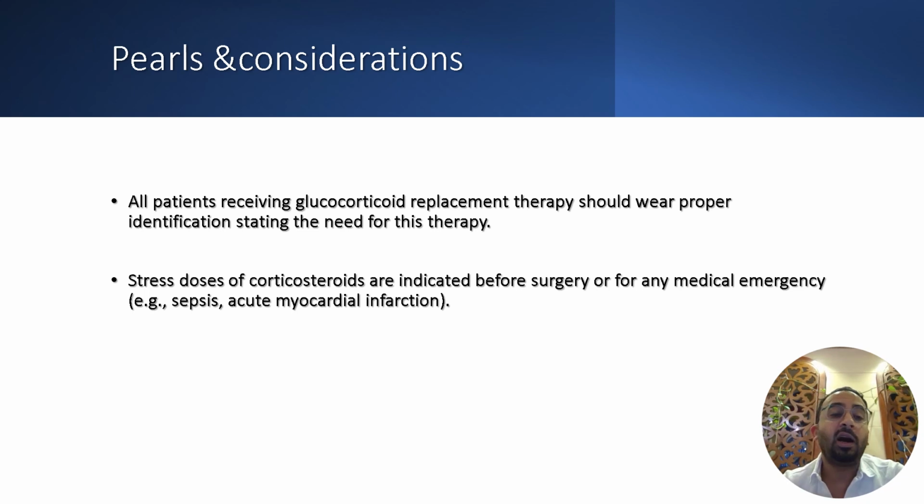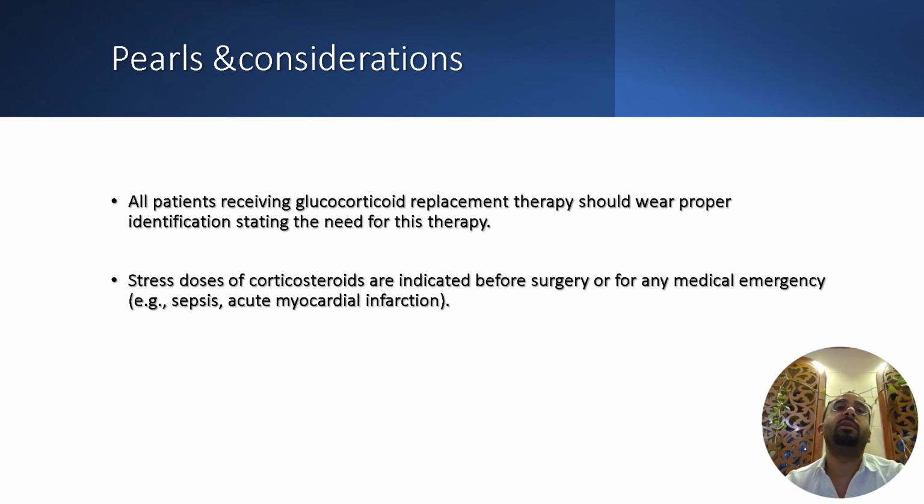Stress doses, higher doses, may need to be given in emergency situations and can even be given electively, for example when a patient with hypopituitarism presents for surgery, whether a moderate stress surgery or a severe stress surgery.